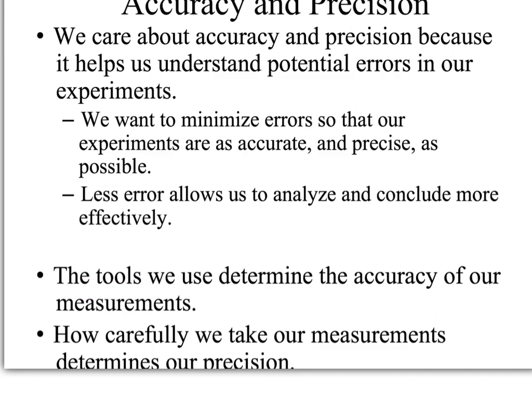Maybe if they used a stopwatch, they hit it a second later than when they actually dropped the ball, or something like that. Okay? But with precision, how carefully we take our measurements is what determines our precision. So we can always be precise no matter what tools we have as long as we are doing our experiment carefully.